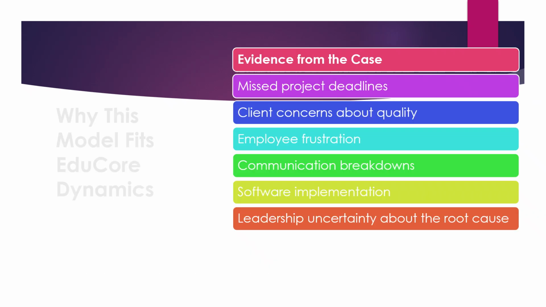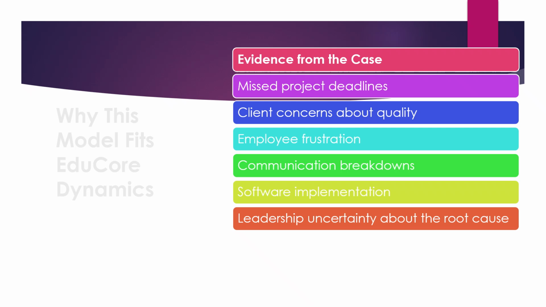Why this model fits EduCore Dynamics. What stood out to me about this case is that none of the performance problems seemed isolated. Missed deadlines, quality concerns, employee frustration, communication breakdowns, software implementation issues, and leadership uncertainty all appear to be connected.